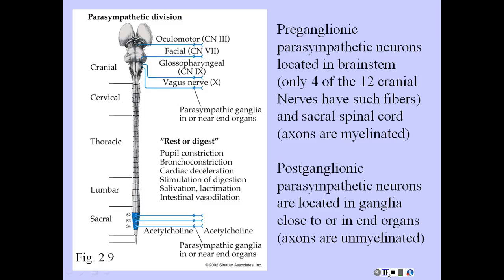So that's got to be the vagus nerve, having to do with the heart and the lungs. Stimulation of digestion, vagus again. But salivation and lacrimation, well, that was facial and glossopharyngeus, as we're going to see again. And then some vasodilation going on.